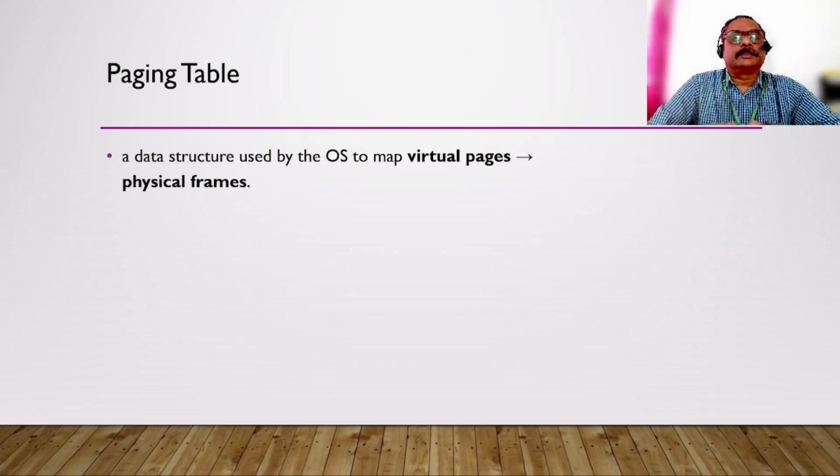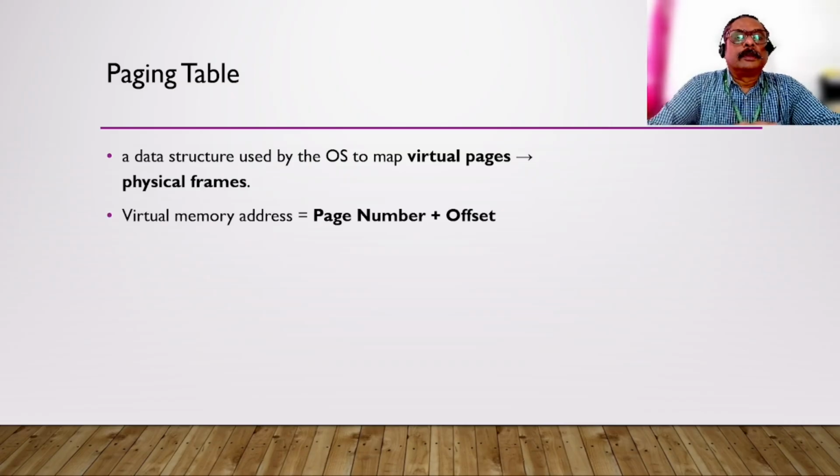So this data structure helps us map the virtual pages of a process to the physical frames in memory. The virtual memory address is usually given by the page number plus the offset. If we are talking about a particular instruction in the code, that instruction belongs to some page, and the pages are numbered; these numbers are called the page number.